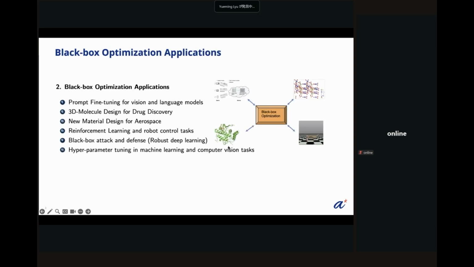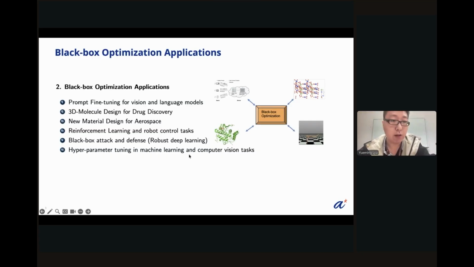Why do we need black box optimization? Because in many real-world applications we cannot access the exact gradient. For example, for fine-tuning vision and language models, we can only access API calls.